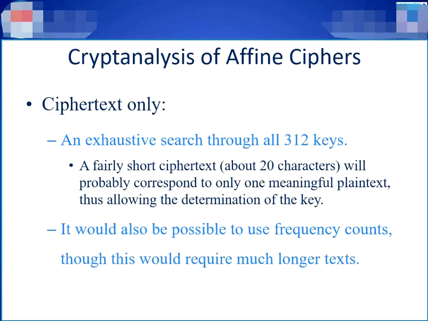Now, let's consider the cryptanalysis of affine ciphers. Affine ciphers, as well as shift ciphers, are very unreliable. First, we will consider the ciphertext only attack. In affine ciphers, the two parts of the key a and b can be selected only from the set of numbers from 0 to 25, since for the English language the number of possible values is only 26.